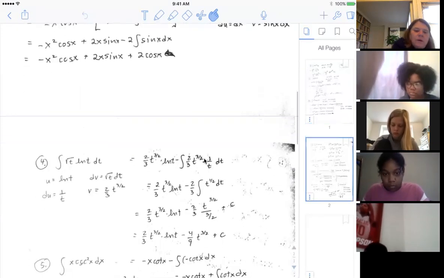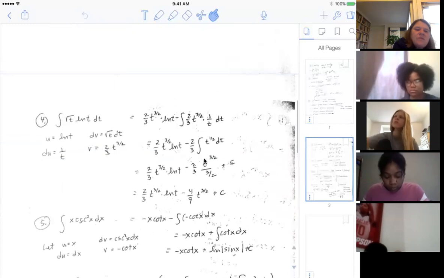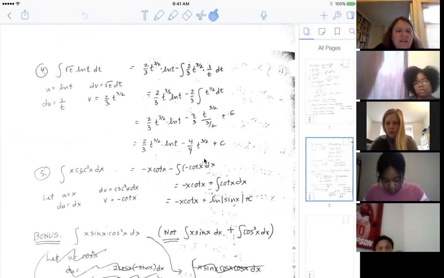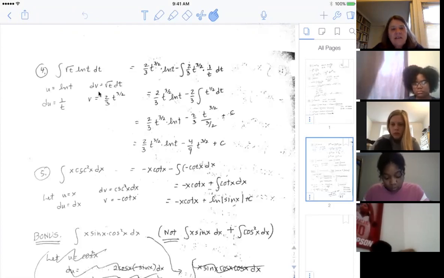Okay. All right, this one was an interesting problem. L comes first in that LIATE thing, so we let u be log t, du is 1 over t, dv was the square root of t, and when I integrate that, since that's t to the 1/2, it'll be 2/3 t to the 3/2.